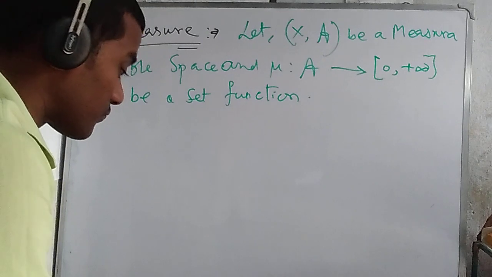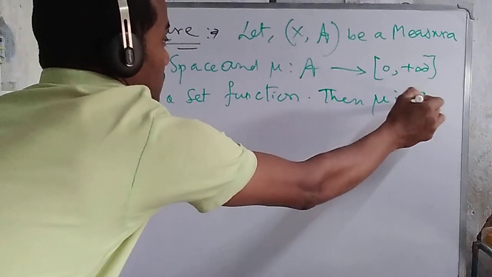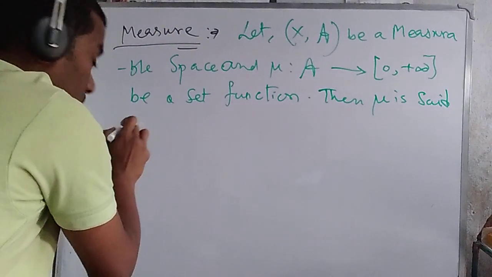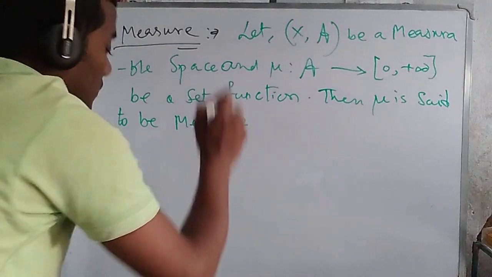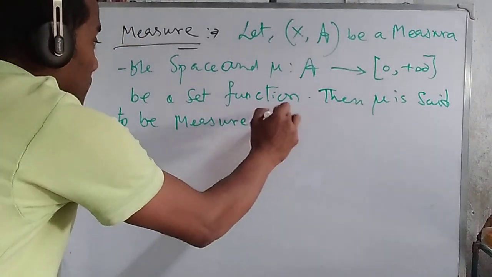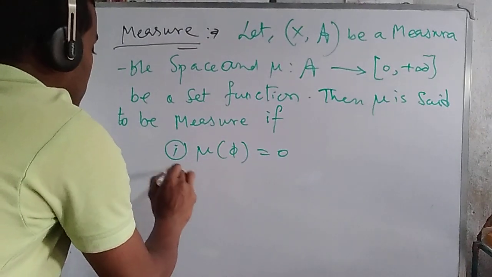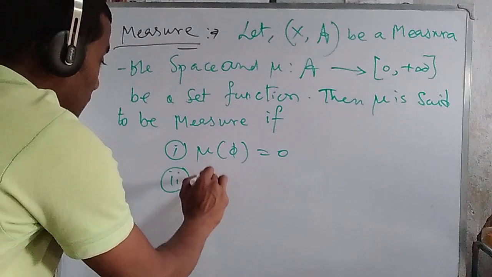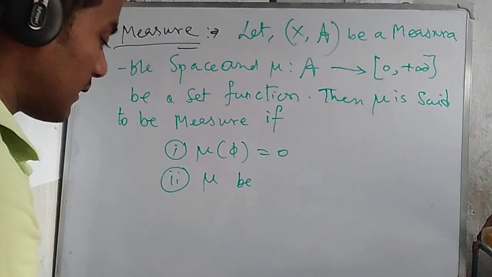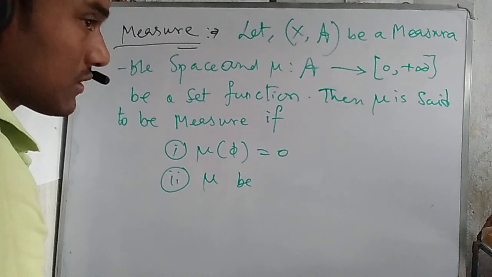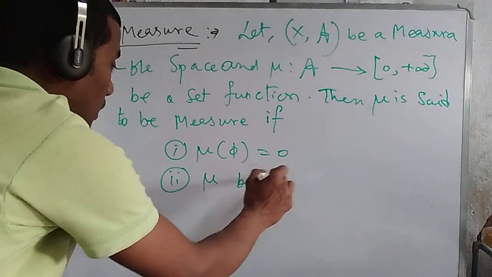Then mu is said to be a measure if, first, mu of phi equals 0, and second, mu is countably additive. For a measure, sigma finite is not needed here, just countably additive.